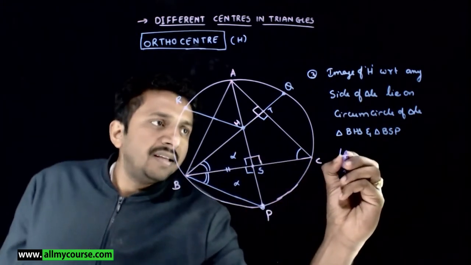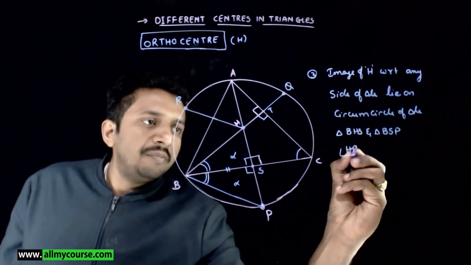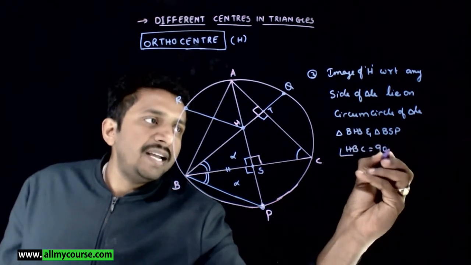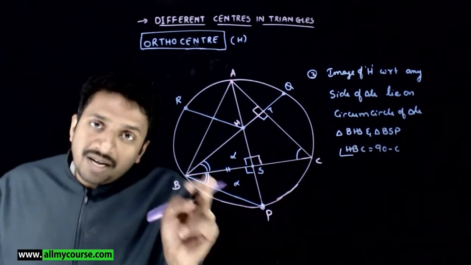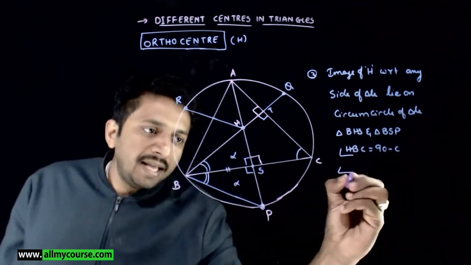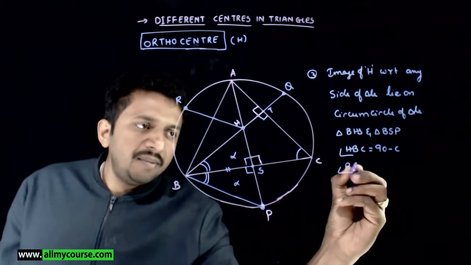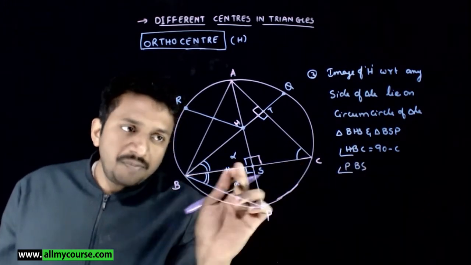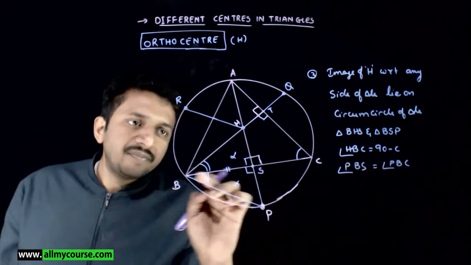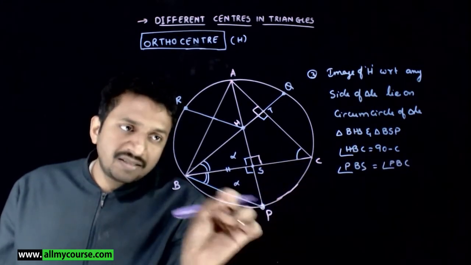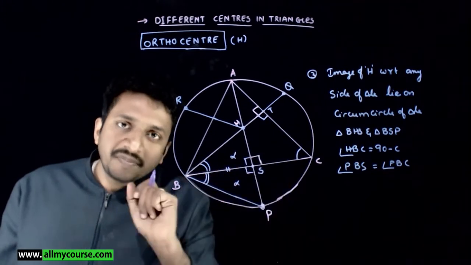So angle HBC is nothing but 90 minus C. Is this angle also equal to 90 minus C? Let us see. Angle PBS is the same as angle PBC.